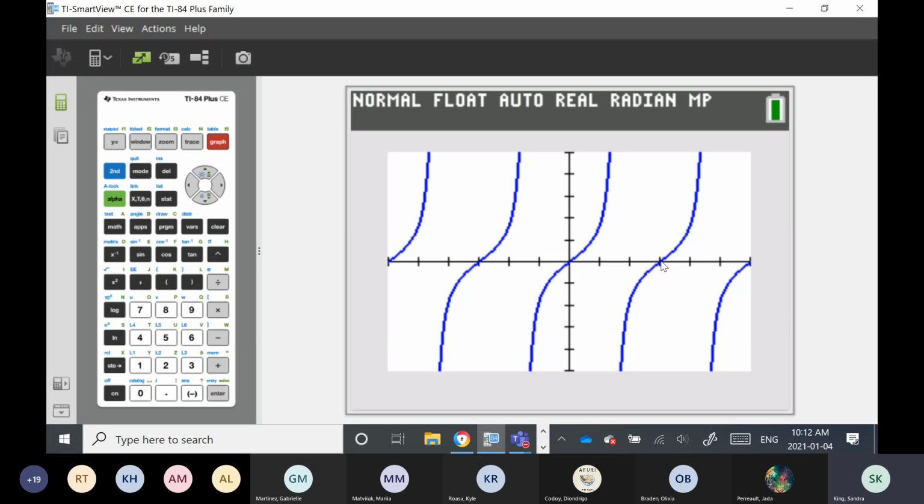That's 180 degrees. That's 360. This is -180. So if I said, how often does this graph repeat itself? Every 180 degrees, that's the period of a tan graph, okay? So the period of a tan graph is 180 degrees, because from here to here, it's 180 degrees.